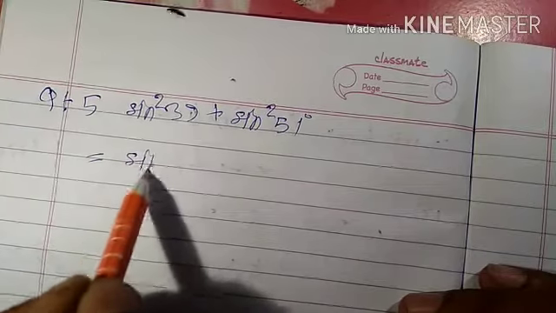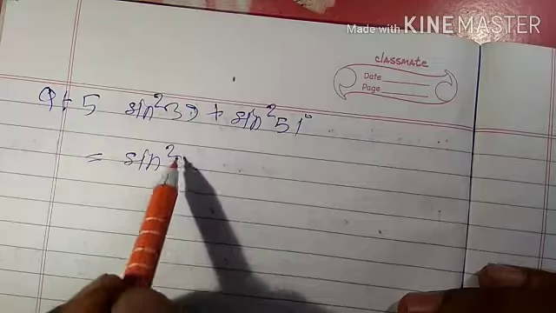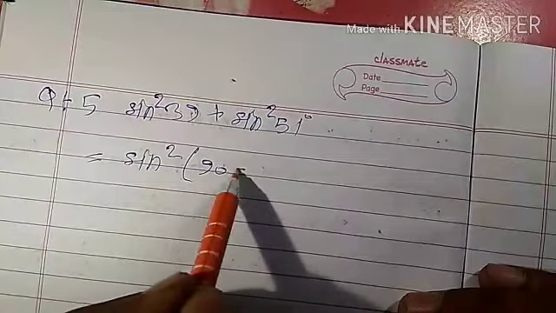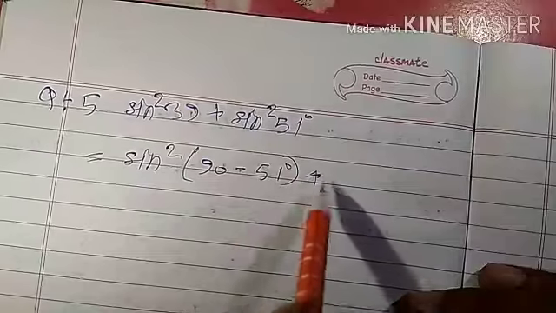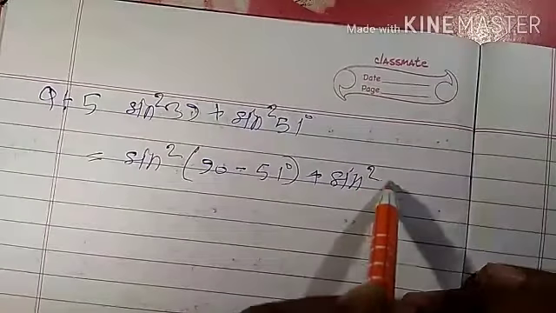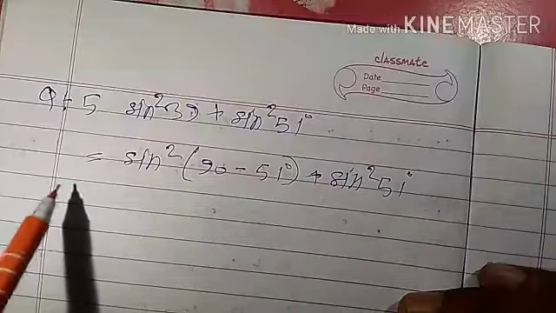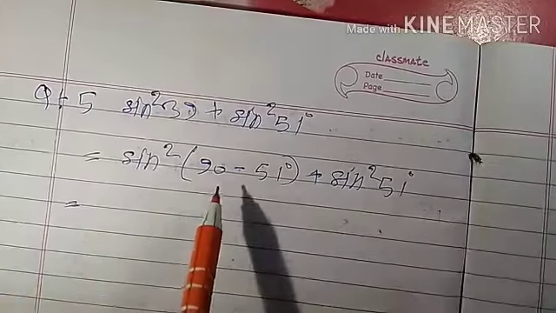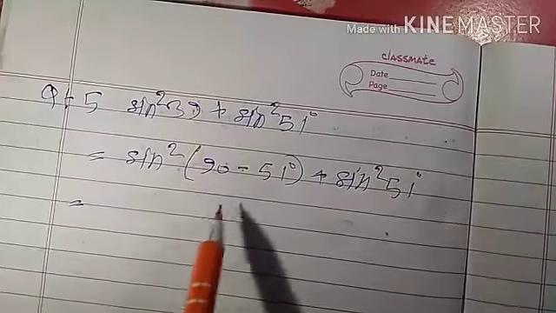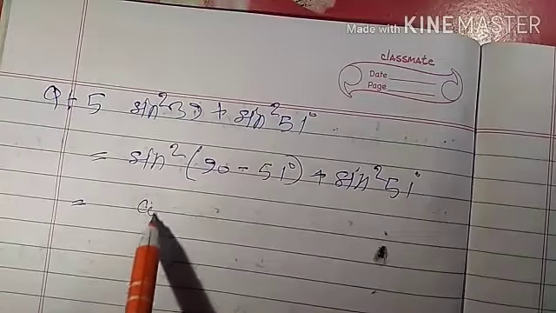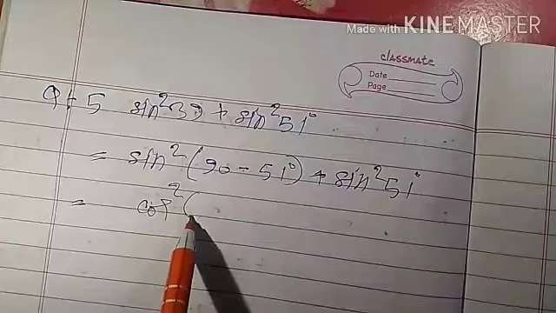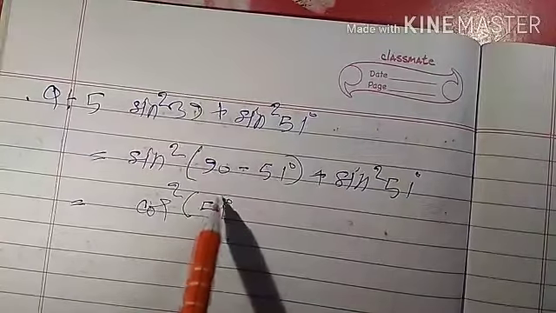sin²(90 − 51°) + sin² 51°. So sin(90 − θ), the functions are changed, sin θ changes to cos θ, so cos² 51°.